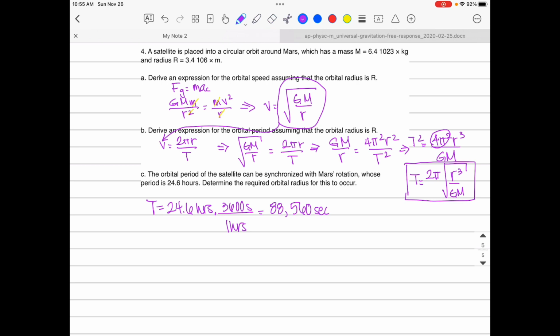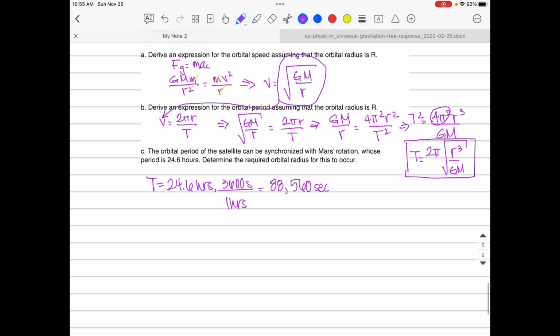From there, we are going to solve for the radius, and so we're going to start with our period equation and then isolate the radius. So let me bring the 2 pi over, and then I'm going to square both sides, and then I'm going to bring out the r cubed.